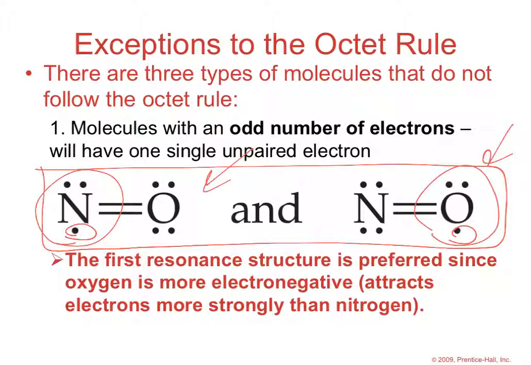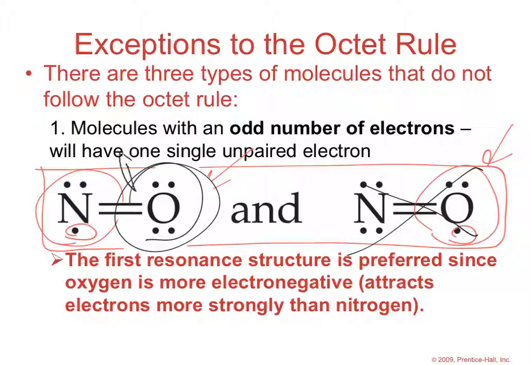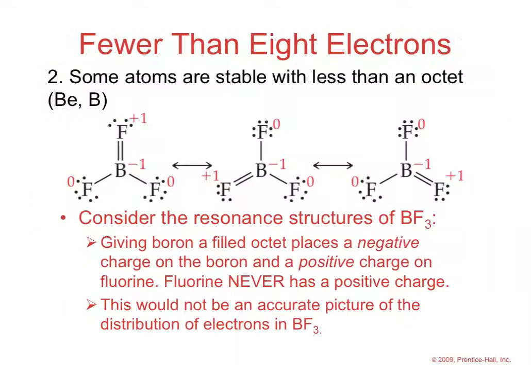Oxygen is more electronegative, so it has a stronger attraction for electrons. So basically, oxygen's going to make sure that it has an octet of electrons, and it's going to have a stronger drive than nitrogen. All right, so the left structure is more stable.